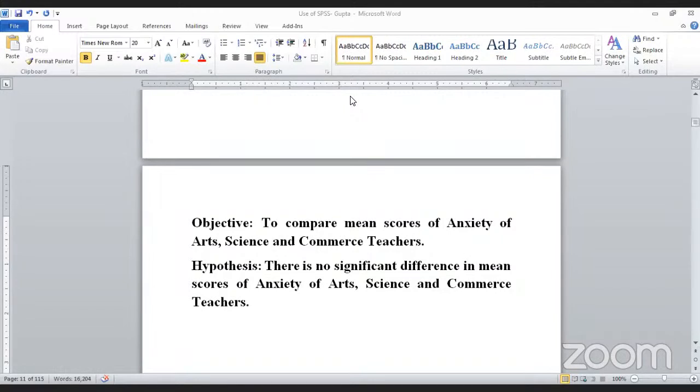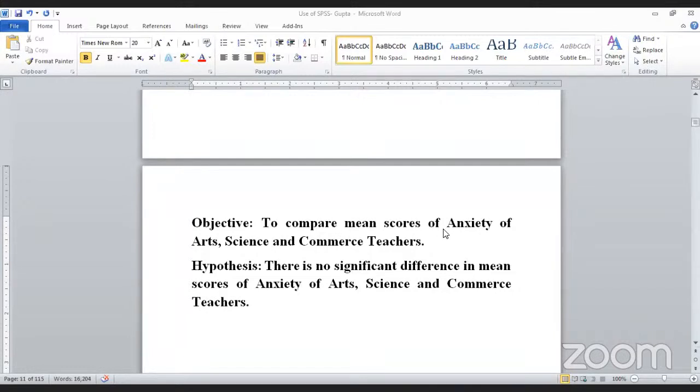Siddiqui, do not write score, only write anxiety. Anxiety is the variable. Types of teacher is not the variable. So here there are only two variables.